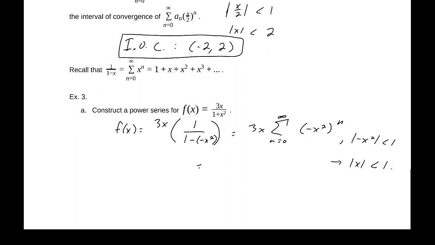So everything I do further is good as long as the absolute value of x is less than 1. So that's the series from 0 to infinity of negative 3 to the n, x to the 2n plus 1.